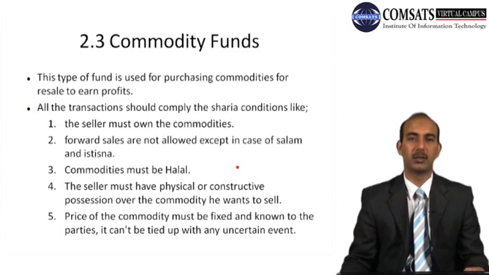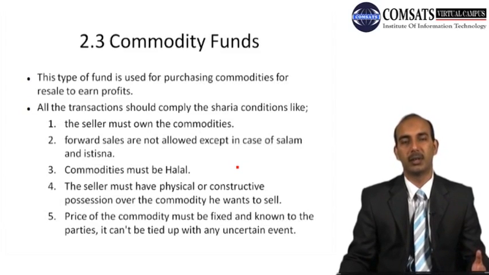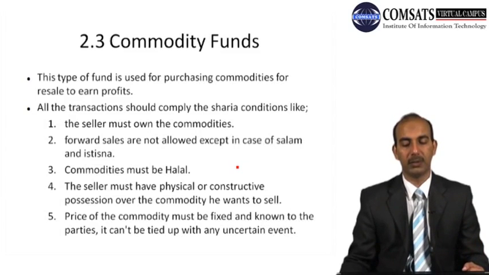The commodities should not be any commodities which are not allowed under Sharia, like narcotics, alcoholic drinks, things like that. The seller must have physical or constructive possession over the commodity he wants to sell.